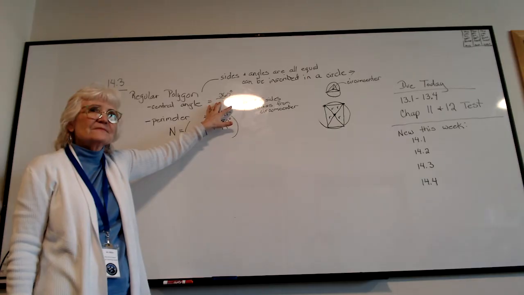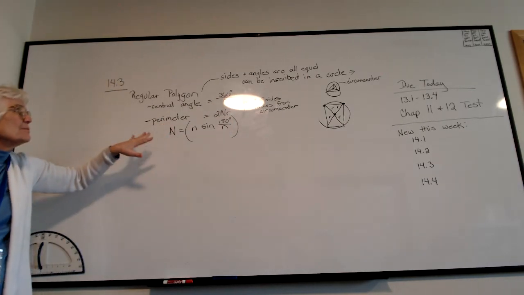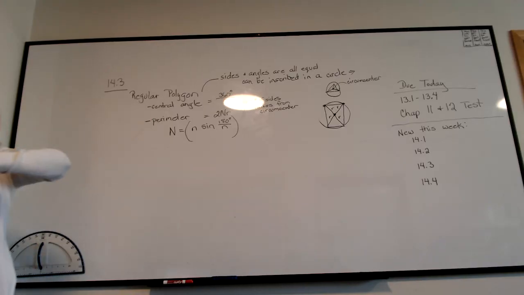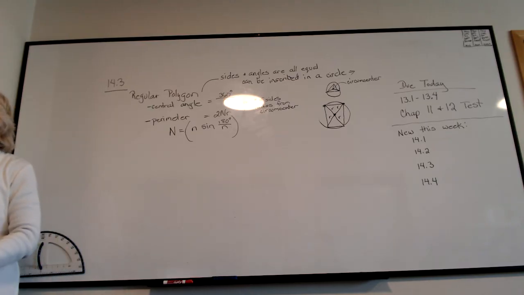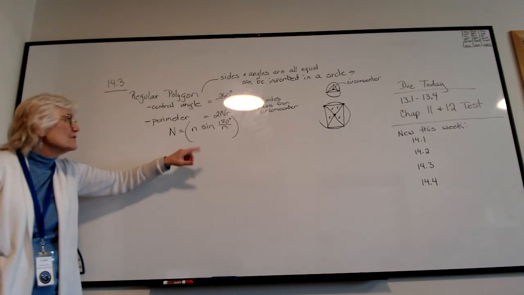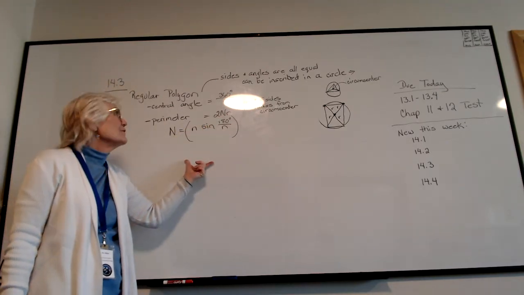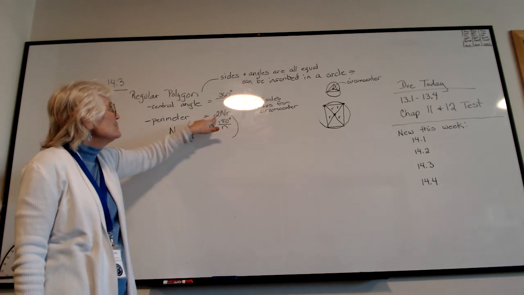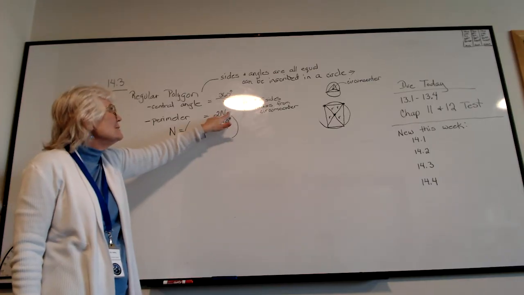Then, if you want to find the perimeter and you do not know the length of the sides, which would be the easier way, you could just multiply it by 3 or 4 or 5. But if you don't know that length, but you do know the length of the radius, then you can find it using this formula, which is 2 times this quantity N times the radius.